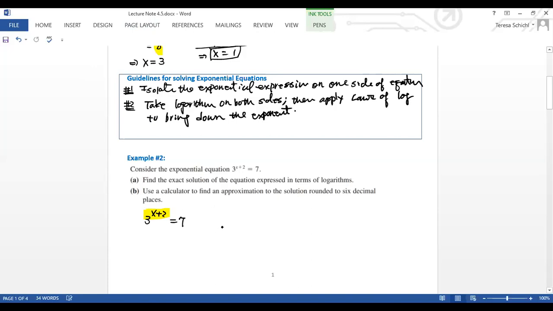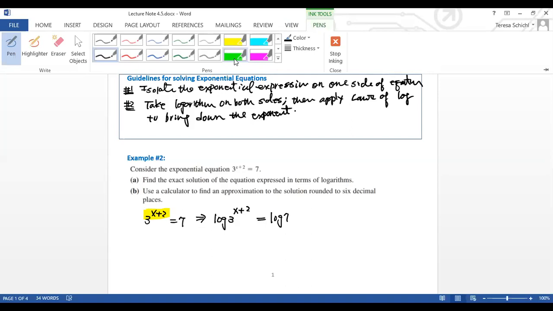What does that mean here? Let's take the log. You can take any type of log. Of course, you can take the common log or natural log or any other log, that would be fine. But here, let's try to be easy. Let's take the log of 3 to the x plus 2. I'm taking the common log, so it's log 7.